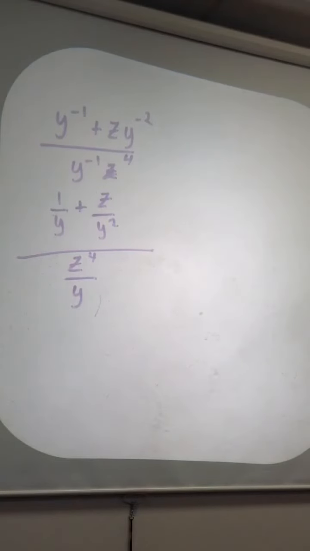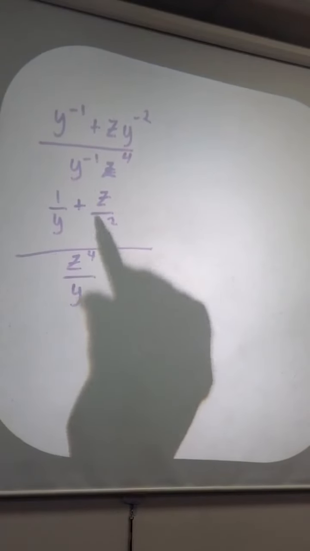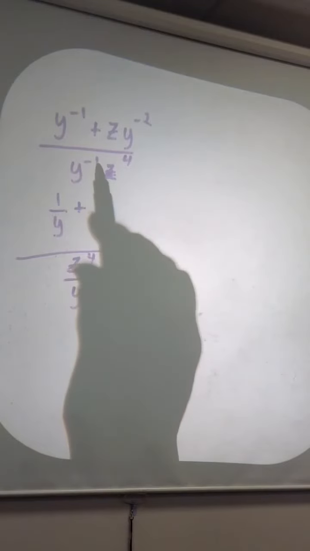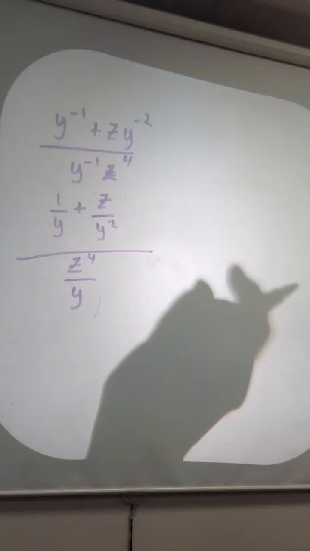Where did I lose you, Michael? The very bottom. Here, but see, the z to the 4th was positive, and the y was a negative 1, so we would have to move it down here.